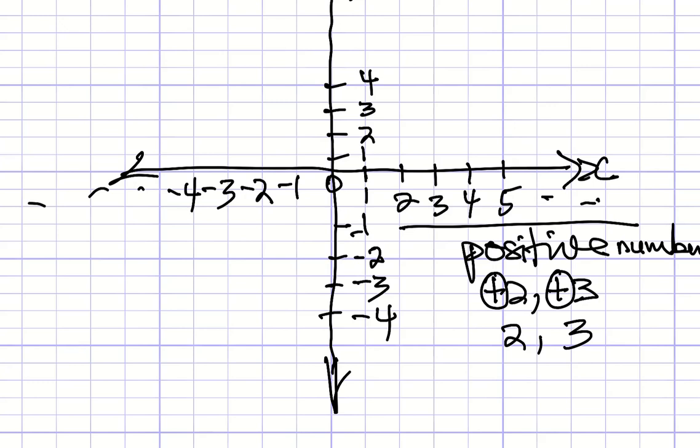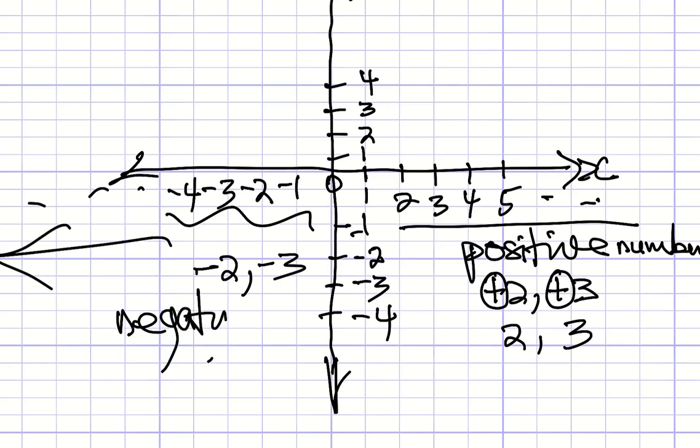And then on the other side, you have negative numbers like -2, -3. But you have to put the negative sign. You cannot remove the negative symbol. If you don't put it, then somebody would assume that you wrote a positive number. So that has to be put in there.